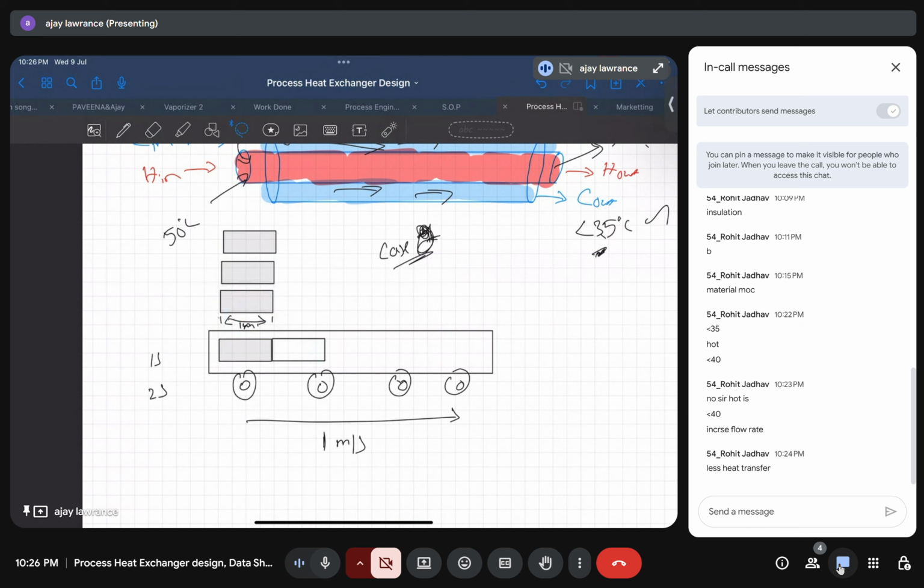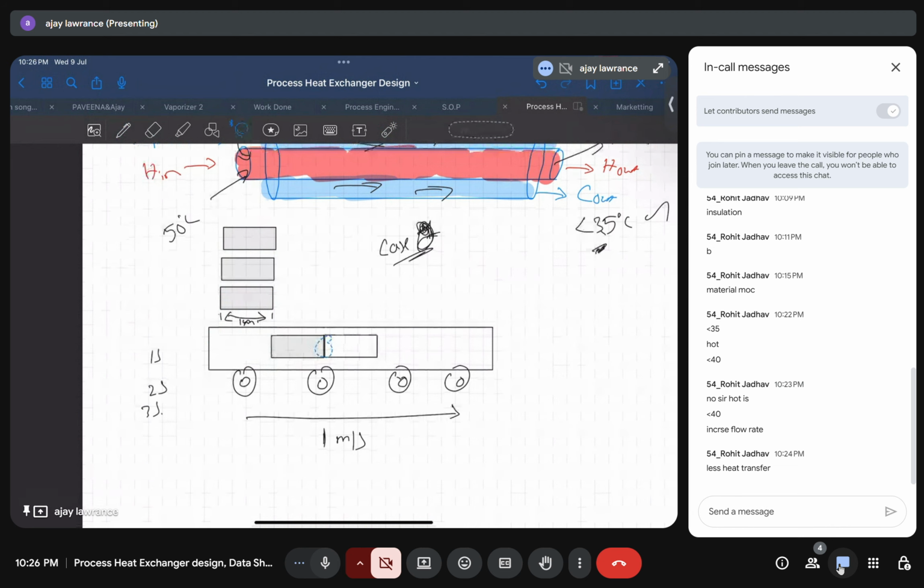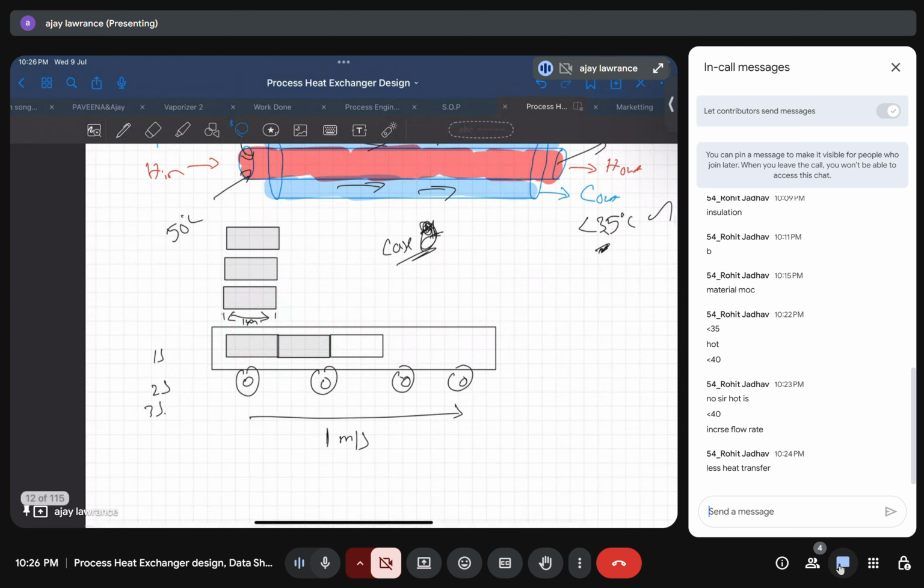After 3 seconds, this box will move exactly to this position, and this box will come here. Like this only it will happen. So there will be no space here because it is moving at 1 meter per second and this capacity is also 1 meter. So in 1 second this box will move and the next box will come here.